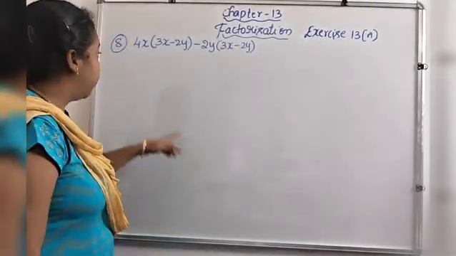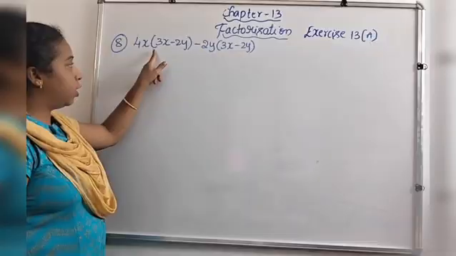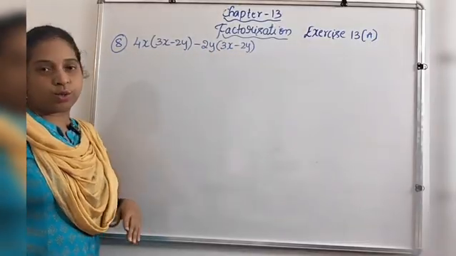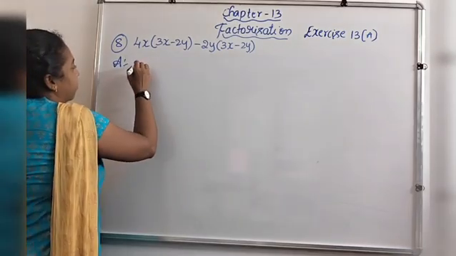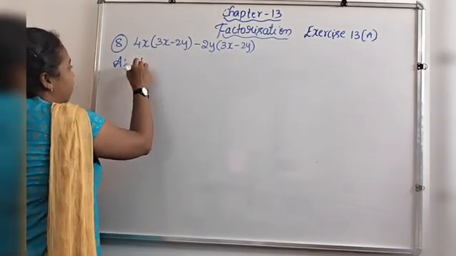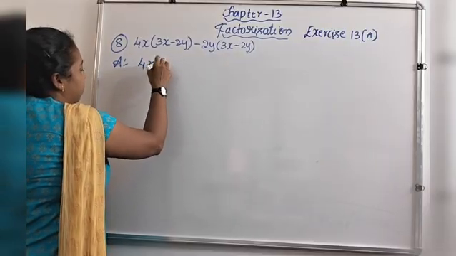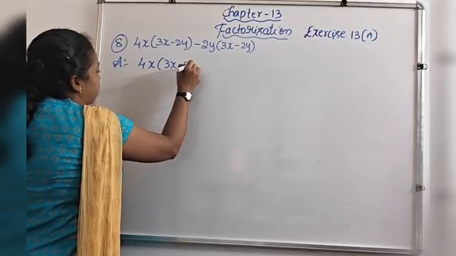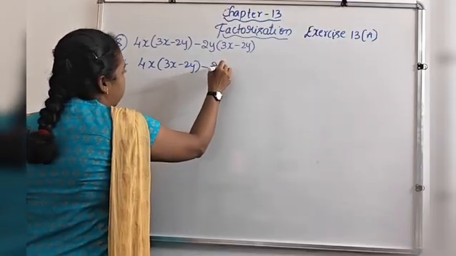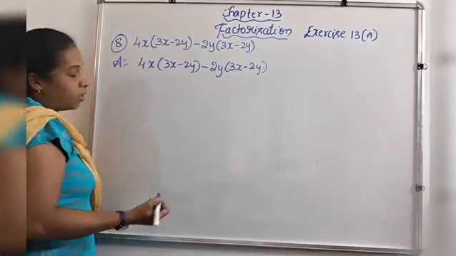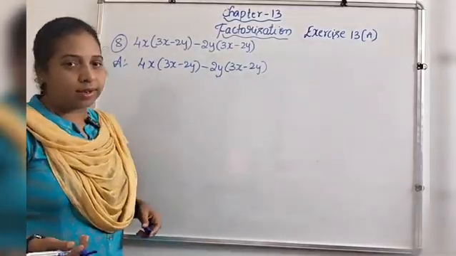Eighth question is 4x into 3x minus 2y minus 2y into 3x minus 2y. So again, how I told you, write the question as it is, 4x into 3x minus 2y minus 2y, again 3x minus 2y. So how many terms are there?